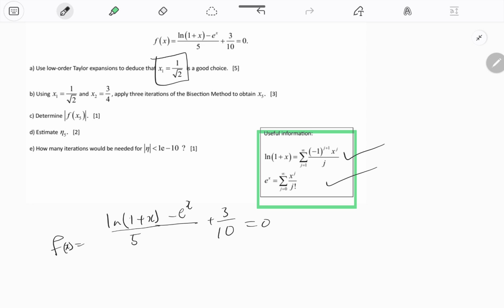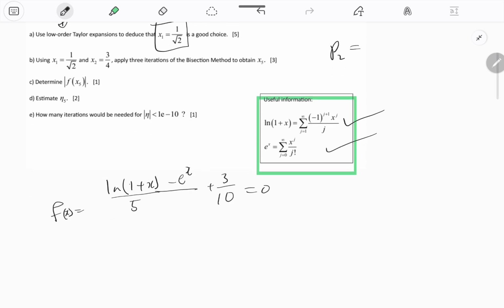To find x, we have to approximate using lower order, at least keeping it to P_n of 2, a quadratic Taylor series. After all, it's an approximation, and if we approximate this, we have a formula for it here.